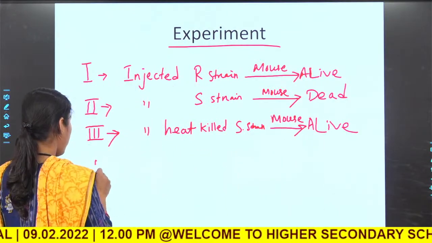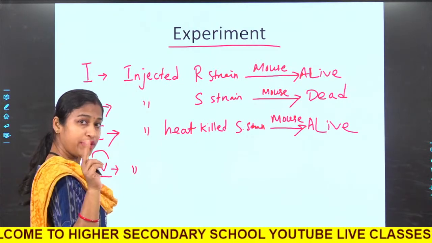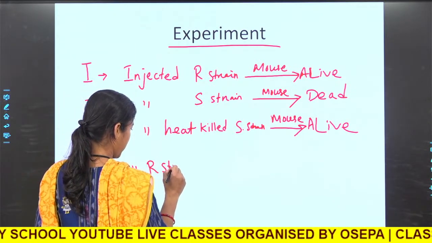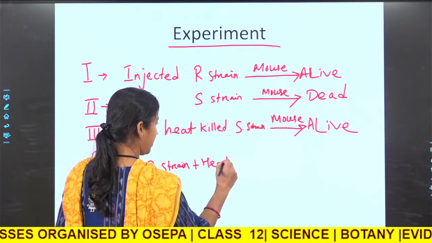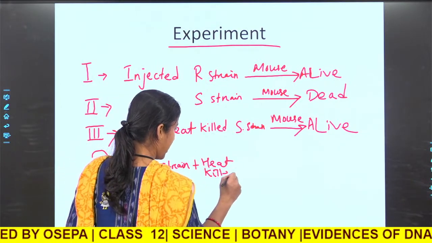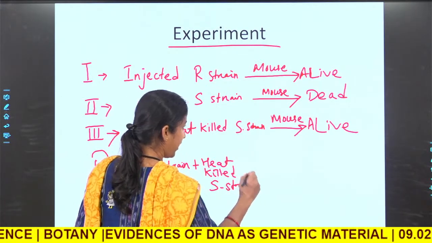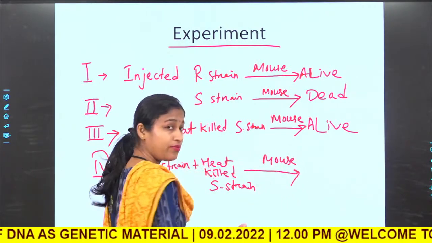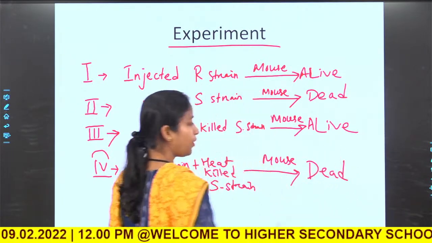In the fourth one he injected a combination of two: the R strain plus the heat killed S strain into the mouse body, and he found that most of the mouse were dead.